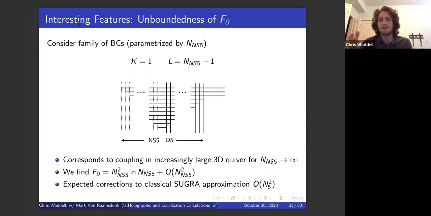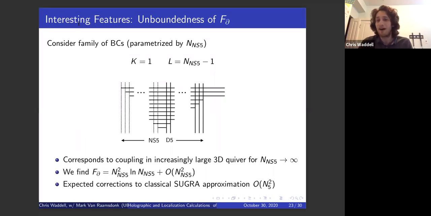So this family of boundary conditions corresponds to coupling in some complicated three-dimensional theory. And as we increase the number of NS5-branes, we're essentially coupling in a superconformal field theory corresponding to some increasingly large three-dimensional quiver gauge theory.